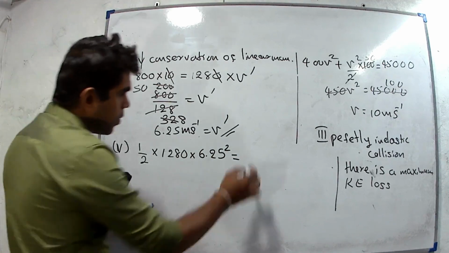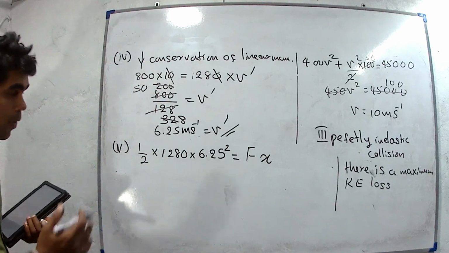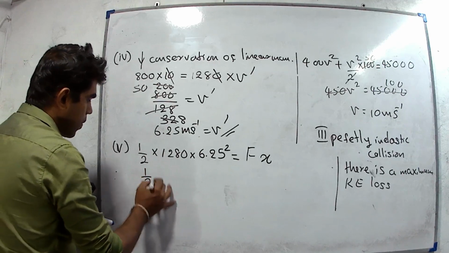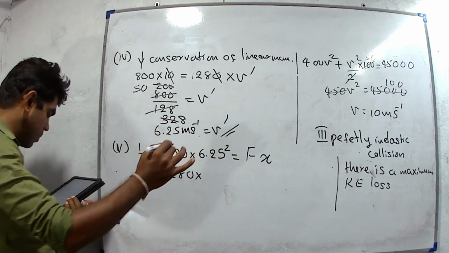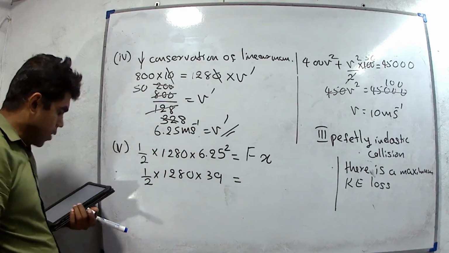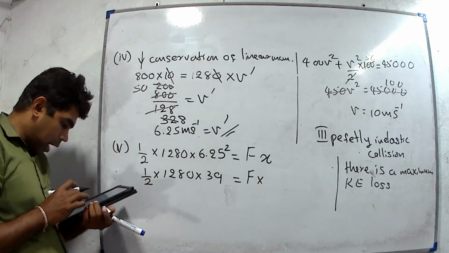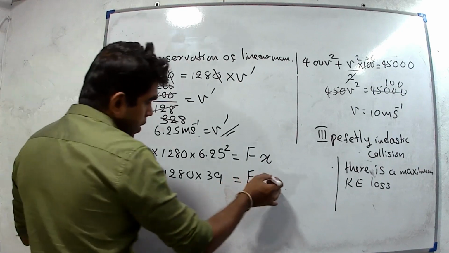It should be equal to the work done against friction, which is frictional force into distance. Then half into 1280. They have given the square of the system velocity as 39. We have to find the frictional force. Distance traveled into the soil is 20 centimeters. It means 0.2 meters.